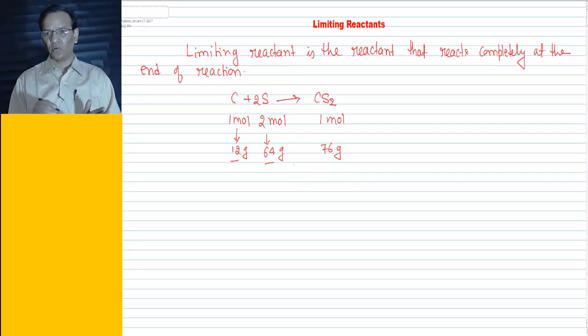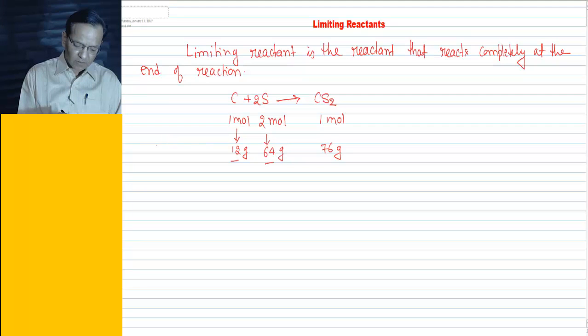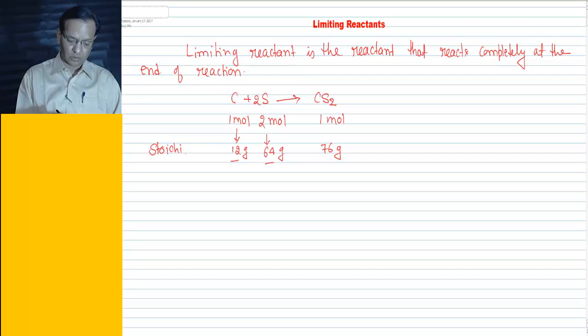So this 12 gram and 64 gram are the stoichiometric mass ratio. In this ratio 12:64, carbon and sulfur will combine. So this we call a stoichiometric mass ratio.